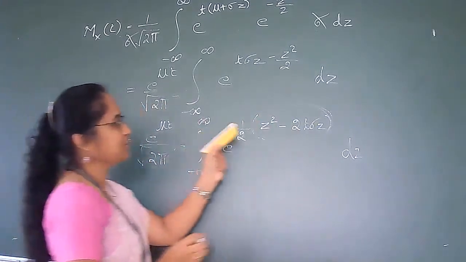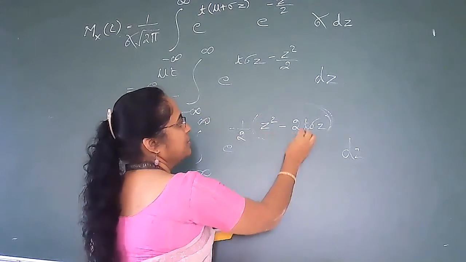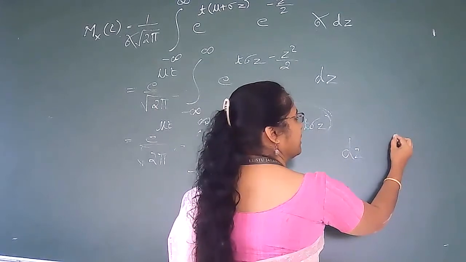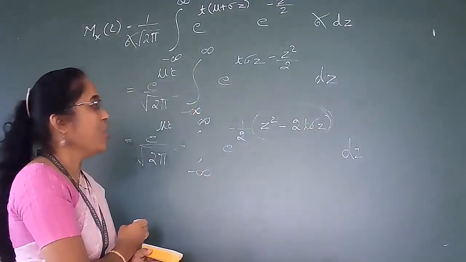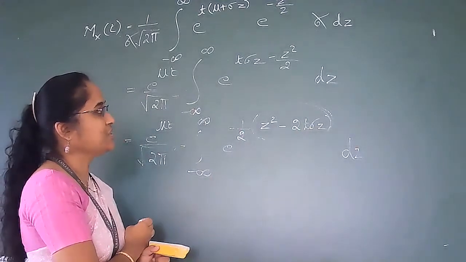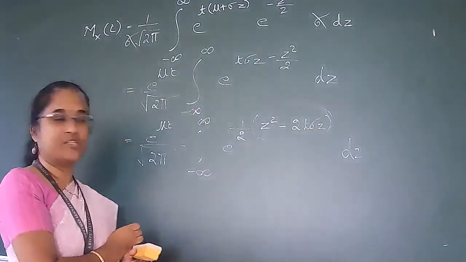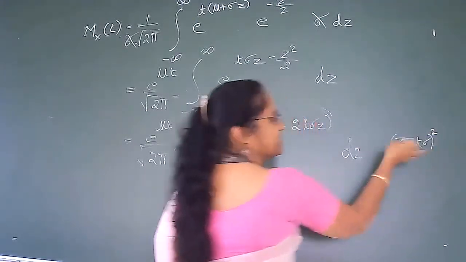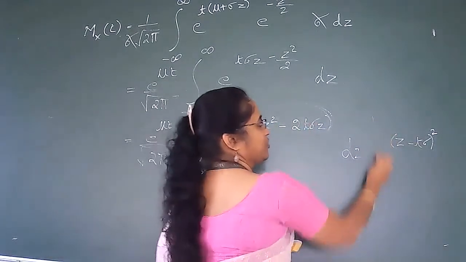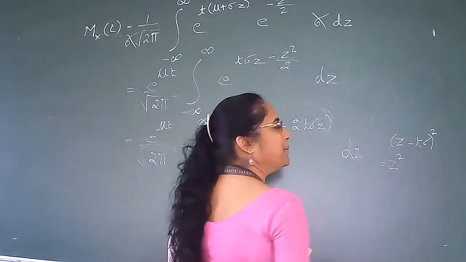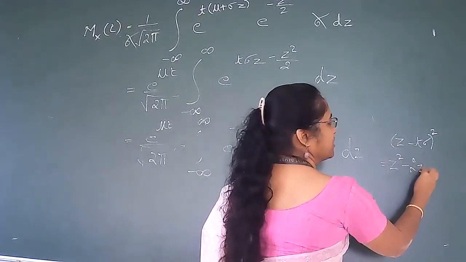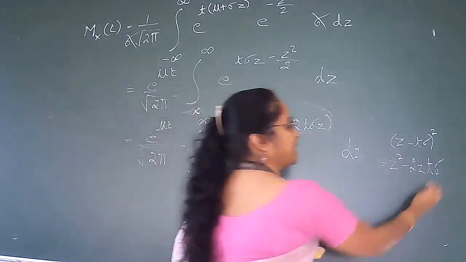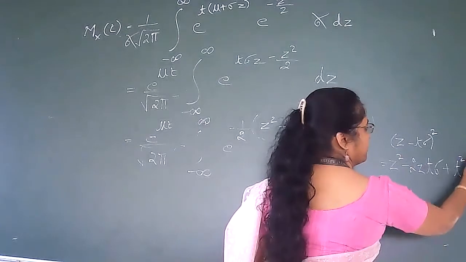Now, let us concentrate on this term that we have over here. This is z squared minus 2t sigma z. I can consider this to be the first and the second term of an expansion, which is (z minus t sigma) the whole square. So if I have (z minus t sigma) the whole square, let's expand it. What are we going to get out of it? This is going to be equal to z squared minus 2z sigma t plus t squared sigma squared.